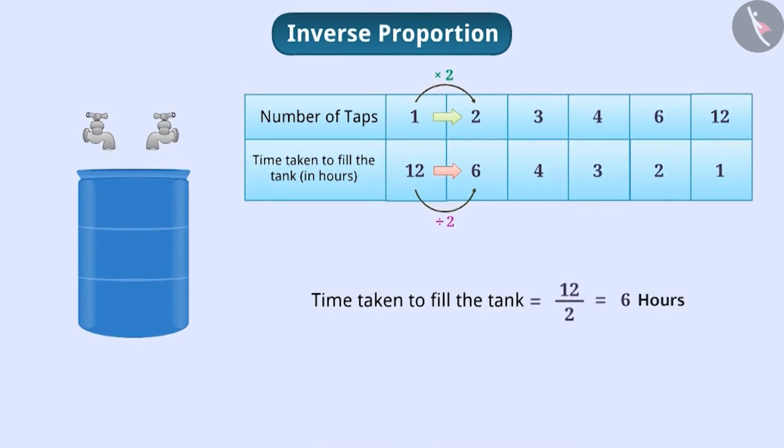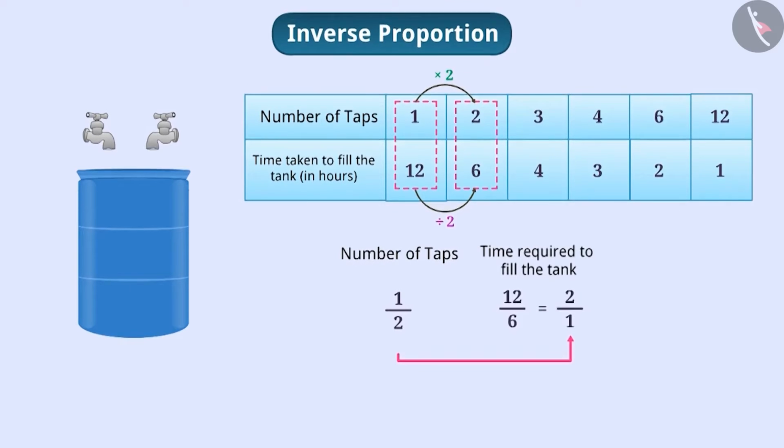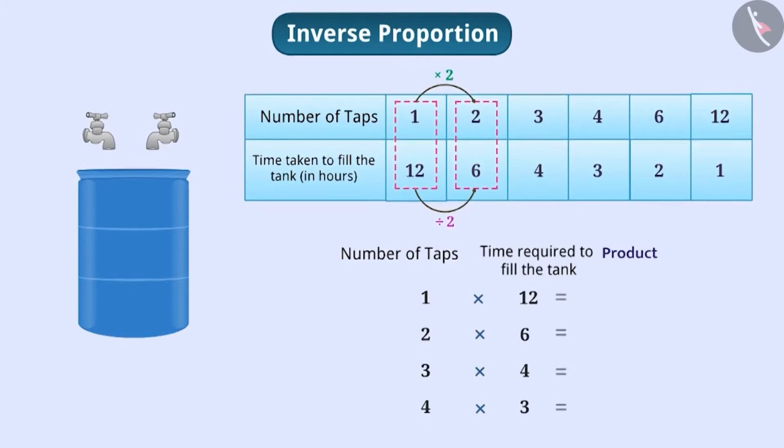In this way, we see that the ratio of the number of taps in the first and second position and the ratio of the time required to fill the tank are inverse of each other. In any case, if we multiply the number of taps and the time required to fill the tank, then the product remains a constant.